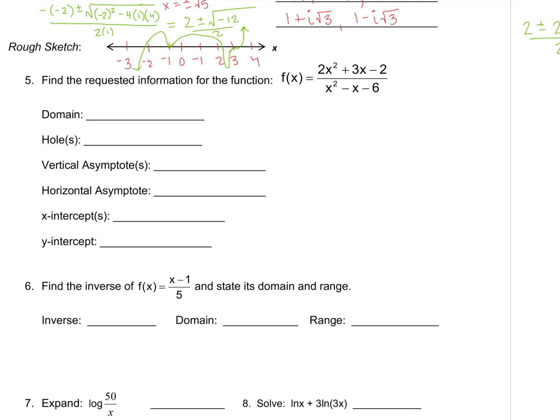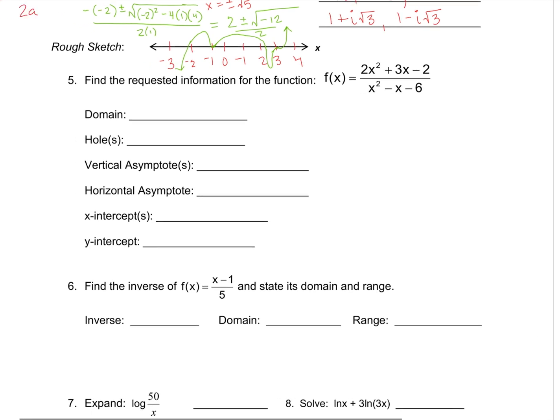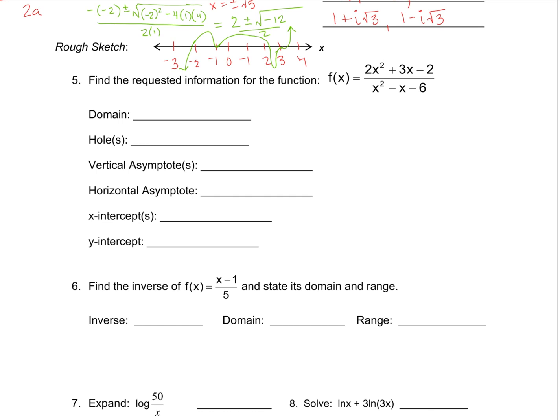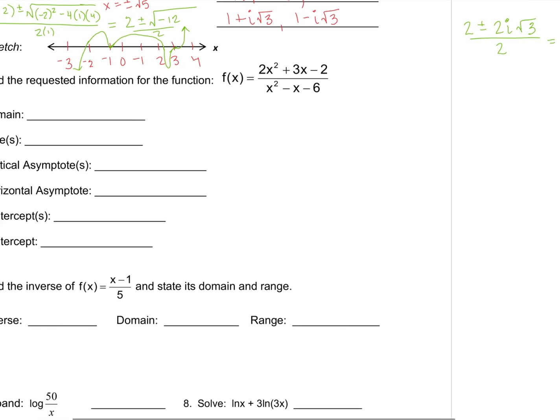Okay, so we are given a fraction. It says, find the requested information for this given function. So anytime we're dealing with these, remember we have to factor it first. That's the very first thing I need to do. I noticed that I have a lead coefficient here, so I'm going to use my method where I multiply the first times the last.